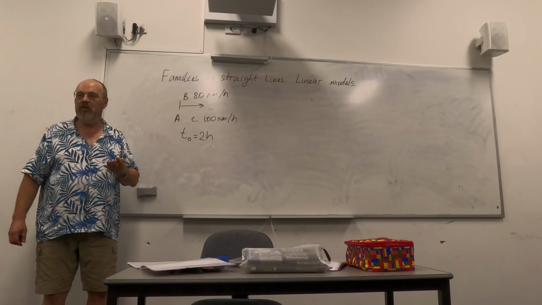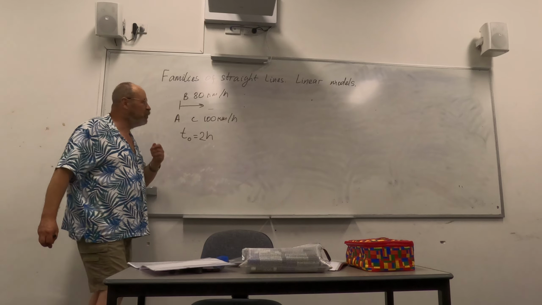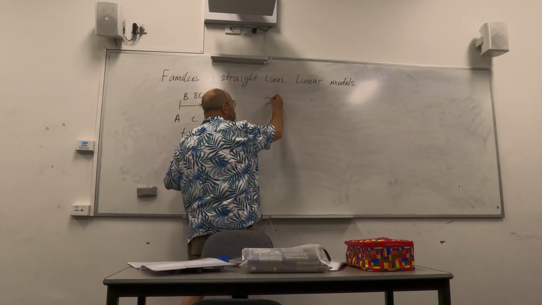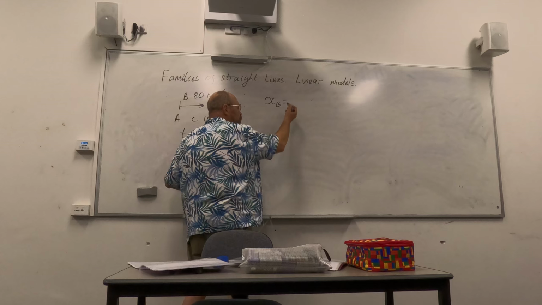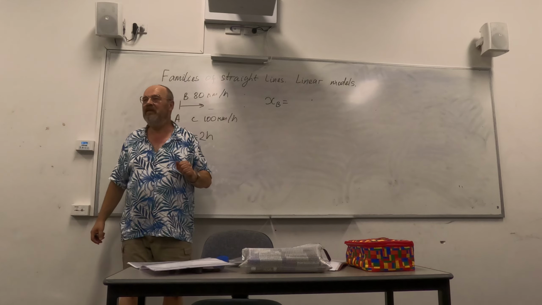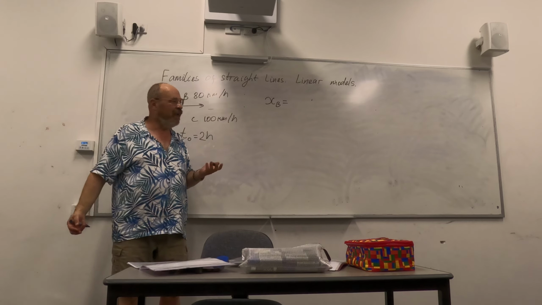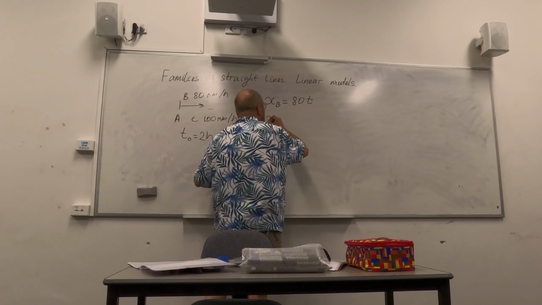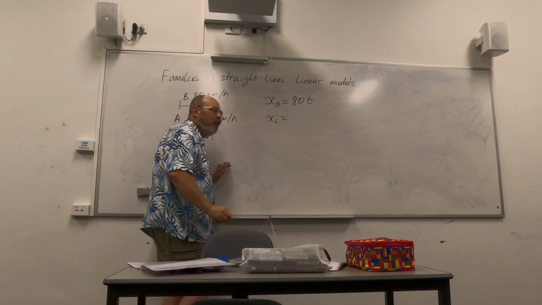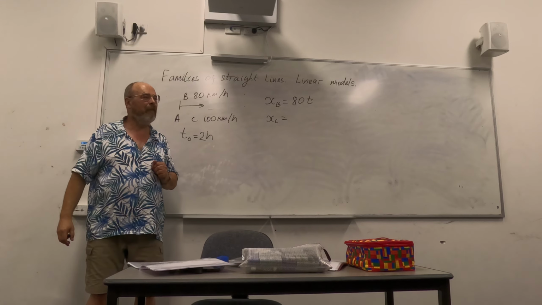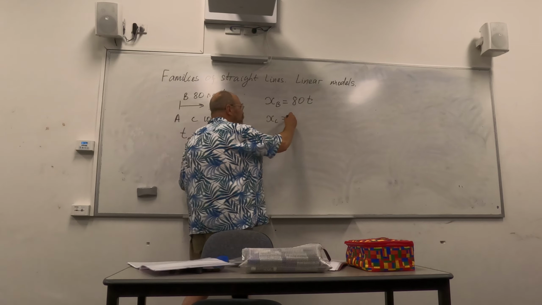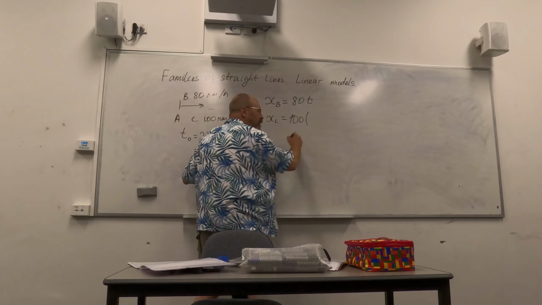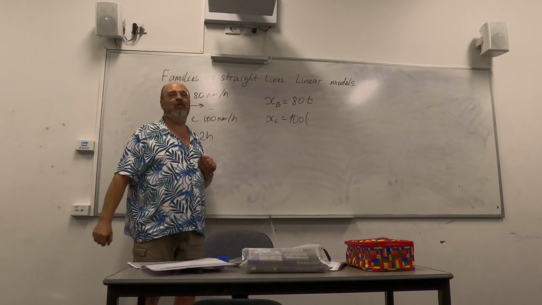So we need to again write down the equation of the motion of each of them. So x of bus will be equal to, what will be the equation for the bus? 80t. 80 times t. What will be the equation of the motion of the car? 100 times t minus 2.